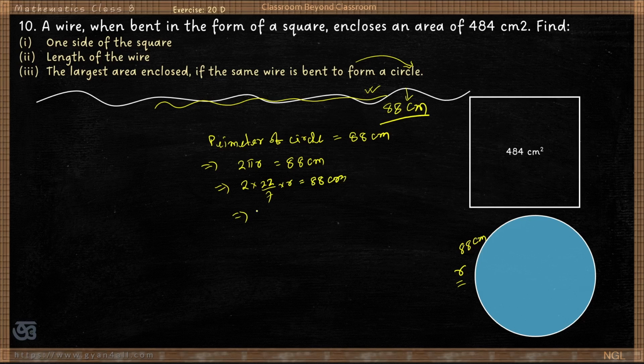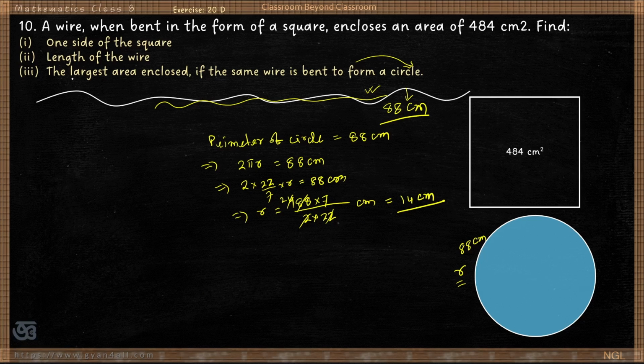So you simplify it, get the value of r. 88 multiplied by 7 divided by 2 into 22. 22 fours are 88. 2 2s are 4, and this is equal to 14 centimeter. The radius of the circle is 14 centimeter.